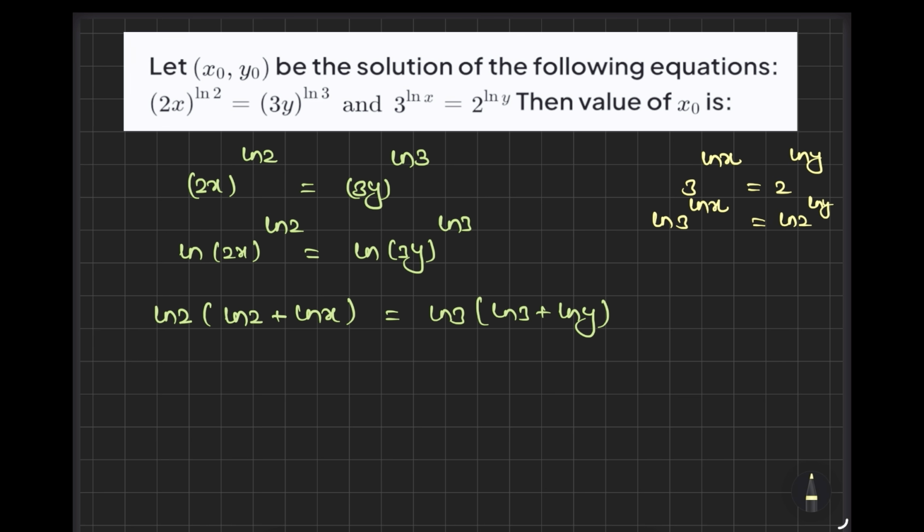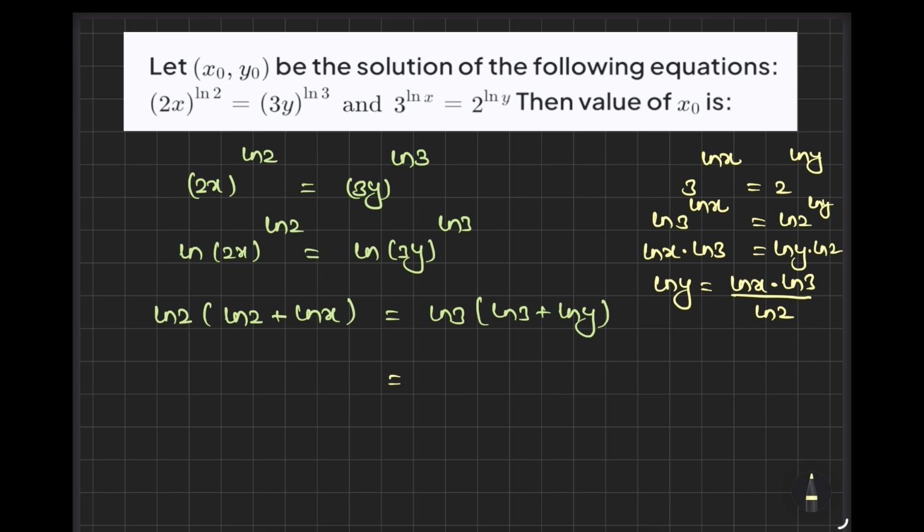It will come as a coefficient. So it is ln x ln 3, here it is ln y ln 2. Now the value of ln y will become ln x ln 3 upon ln 2. So I will replace this y.